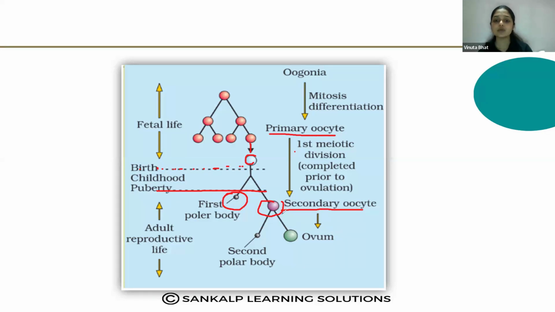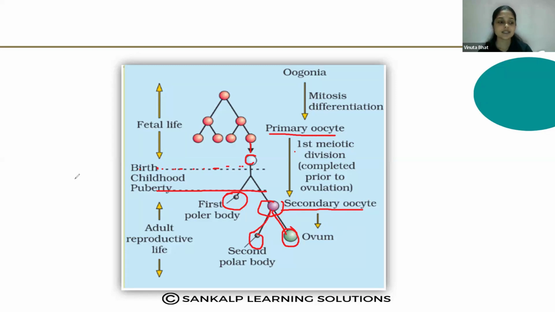When the mature Graafian follicle releases the secondary oocyte, it enters the fallopian tube. When the sperm penetrates the secondary oocyte, it completes the second meiotic division, with the release of one ovum and the formation of one second polar body.